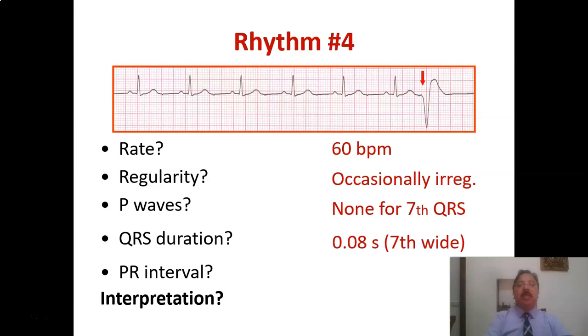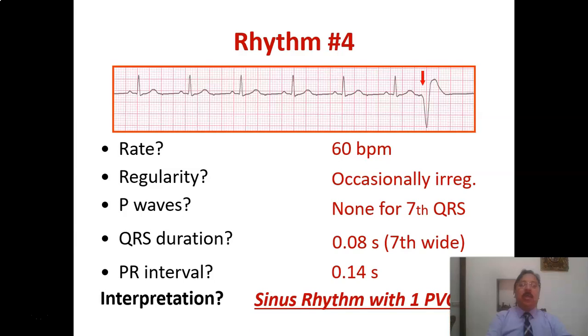QRS duration, it's normal throughout except the 7th, which is a wide QRS complex. PR interval, normal throughout except the last one. In your interpretation, sinus rhythm with 1 PVC.